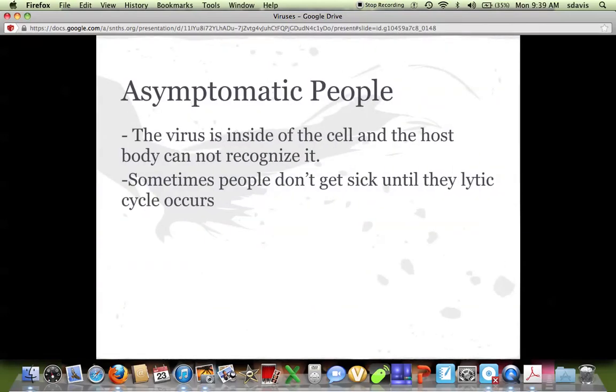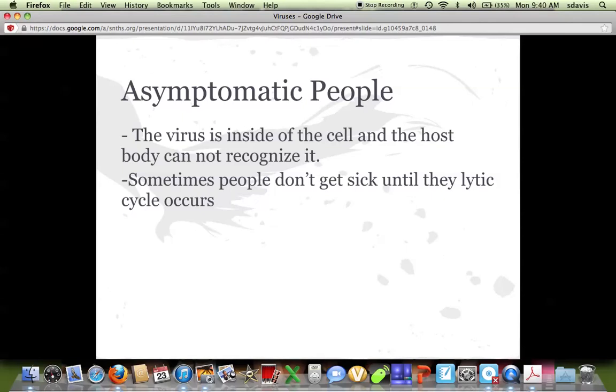Usually when something enters the body, our body has a defense system where it starts attacking foreign things. But when the virus is inside of the cell, that can't happen because the body doesn't recognize it. It's almost like our cell is protecting the virus from being noticed.